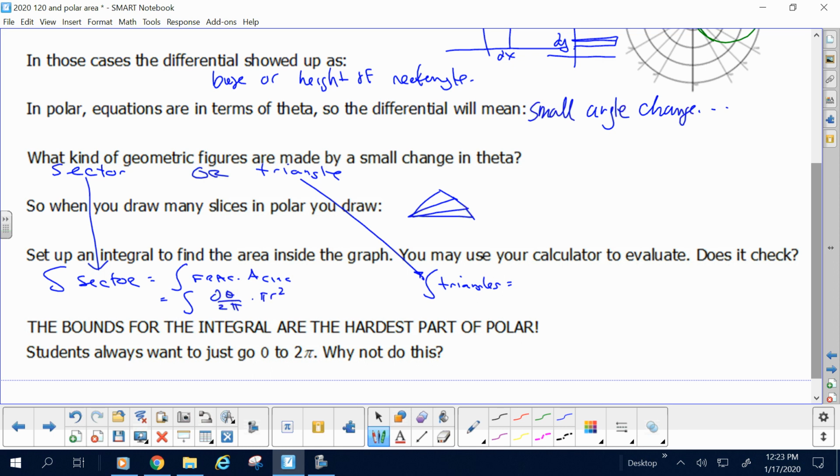So it seems like the area then is 1/2 r squared d theta. Now on the surface that might seem like, oh, that seems like bad calculus because it's got two variables, right? But remember, what is r? r is an equation of theta.